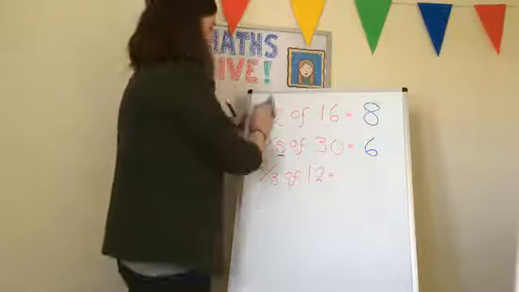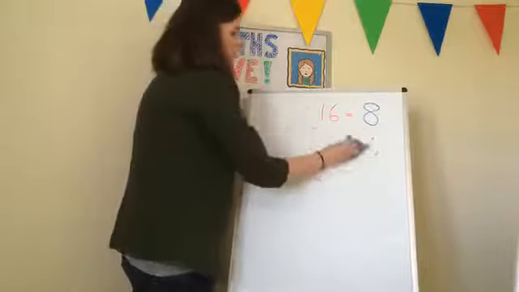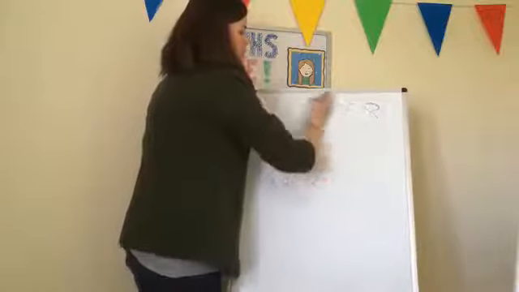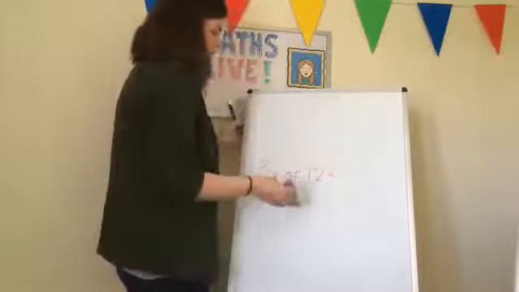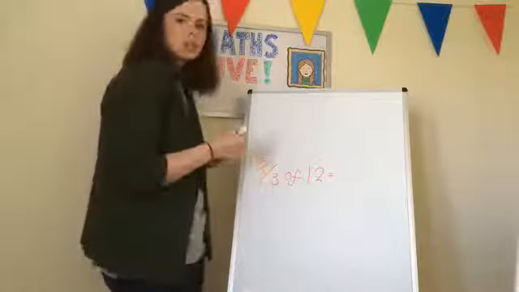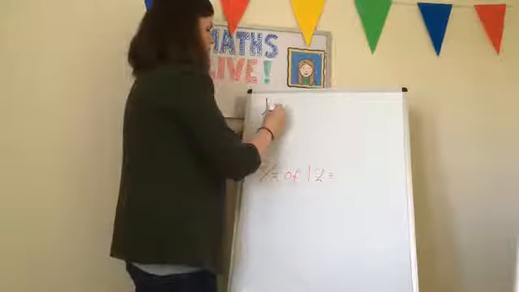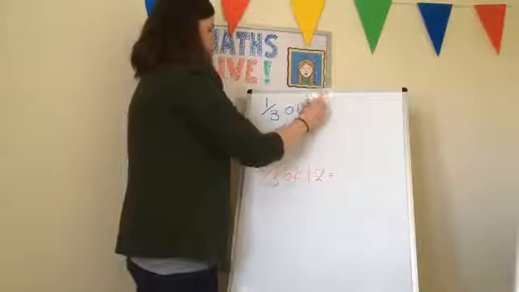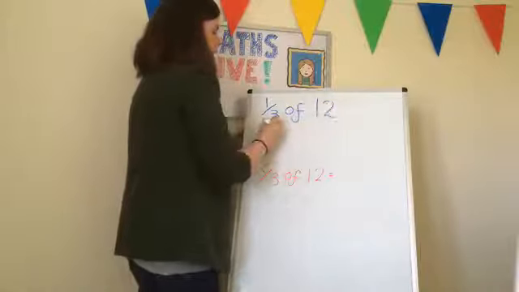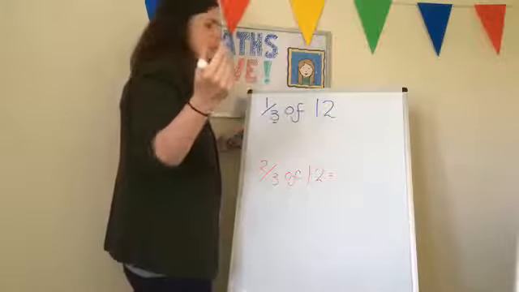I'm going to rub this out now because I want some extra room above for question 3. So question 3, we need to find 2/3 of 12. So ignore the numerator first and we find 1/3 of 12. So how many 3s go into 12? 3, 6, 9, 12.